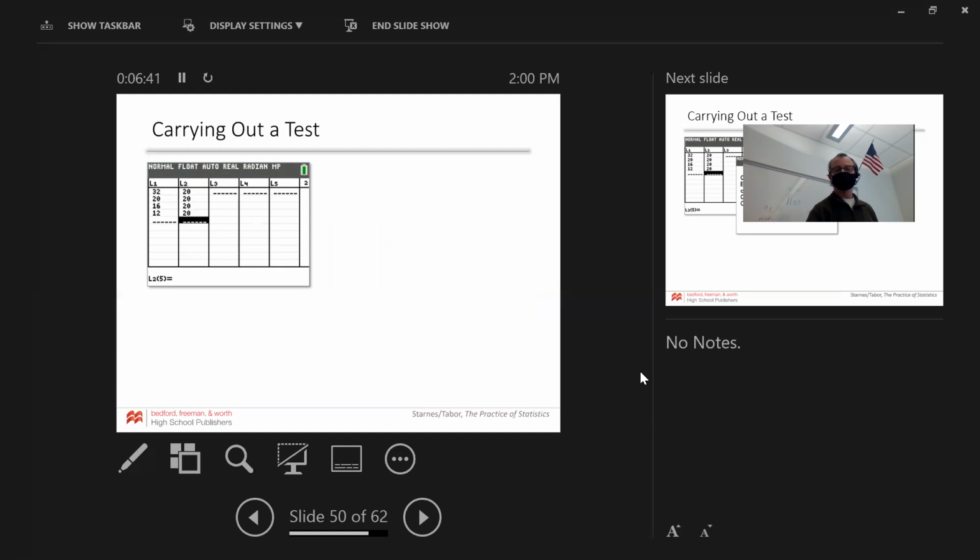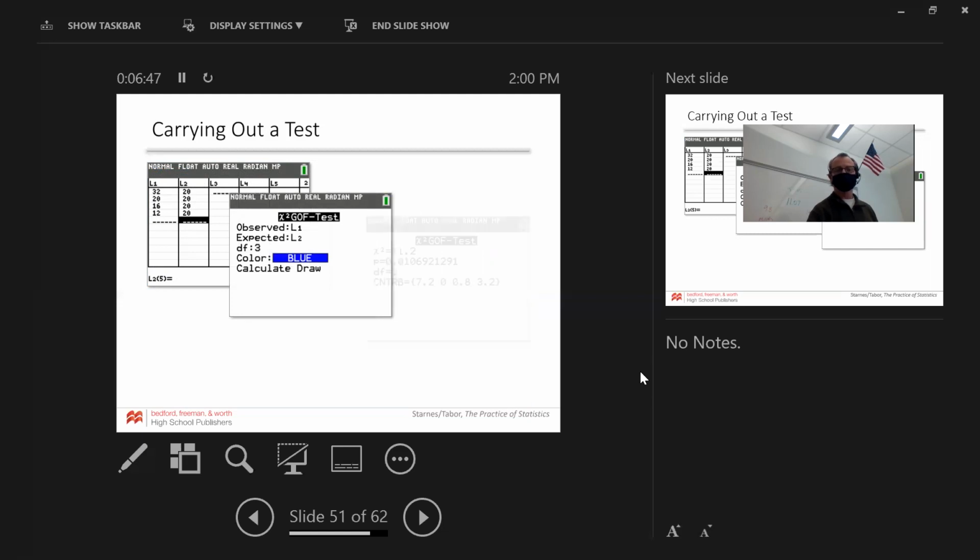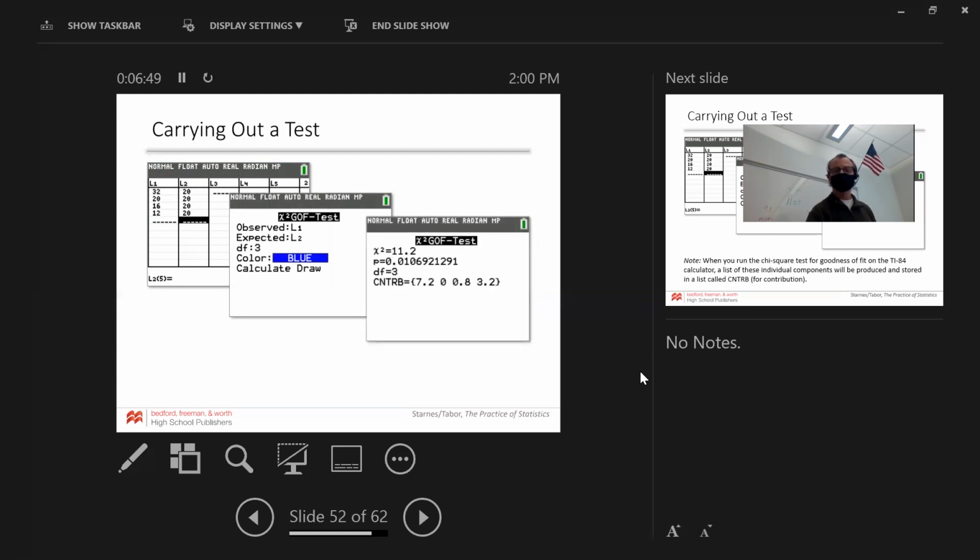So here's how you do it. You type in the expected in list 1, the observed in list 2, go to submit test, 3 degrees of freedom, and you get the 1%. And then what happens? You get this list. These numbers add up to the chi-square test statistic. And it's telling you where they came from.